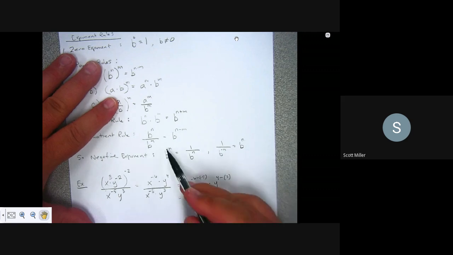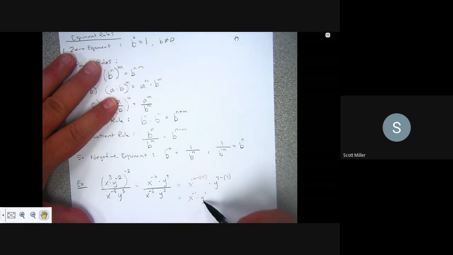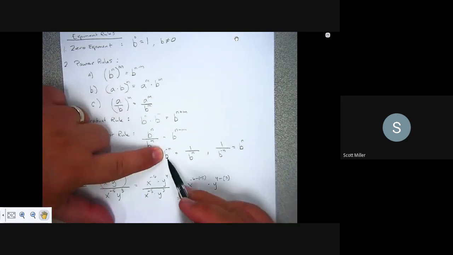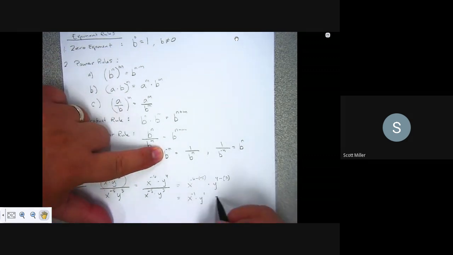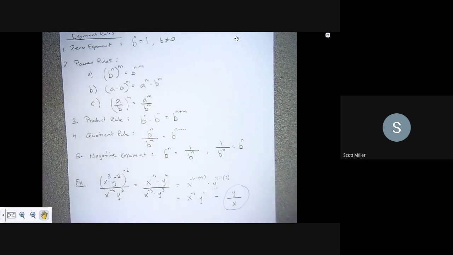So it is the only one affected by the negative exponent rule. The y will stay where it is, which is on top of a fraction. And so this will become something like that. And I'll get y, which is on top. This drops to the bottom, and the exponent becomes positive. And that's my final answer right there. Exponent rules. We'll do more examples of this, but we'll do it outside of the video.